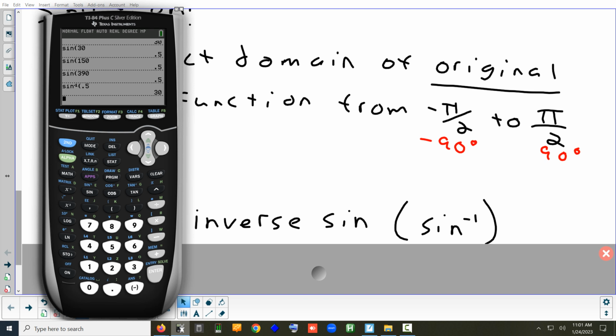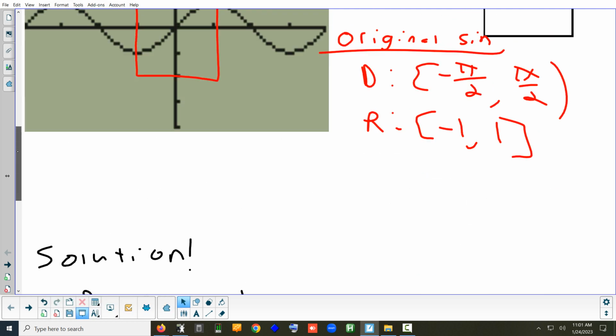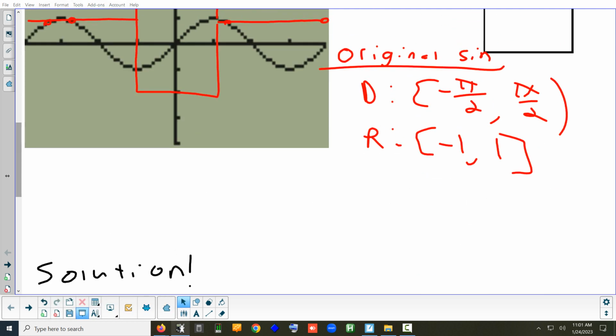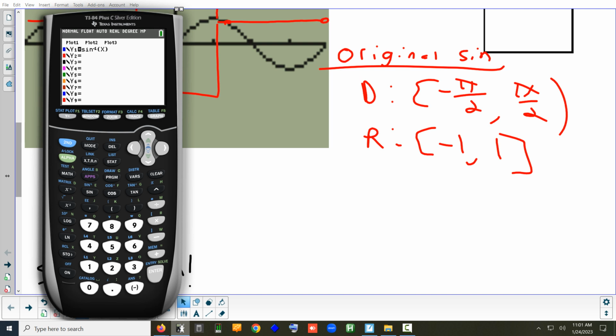Remember, inverse sine is sine. Looks like it has a negative 1 up higher. Okay, so we have anything else? Clear that. And let's put in the window. Now, if I hadn't told you that the domain and range are going to switch, you wouldn't have known what to do for a window, but I did tell you they're going to switch.